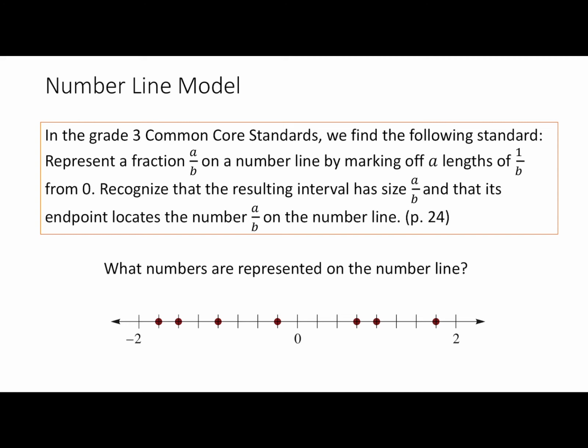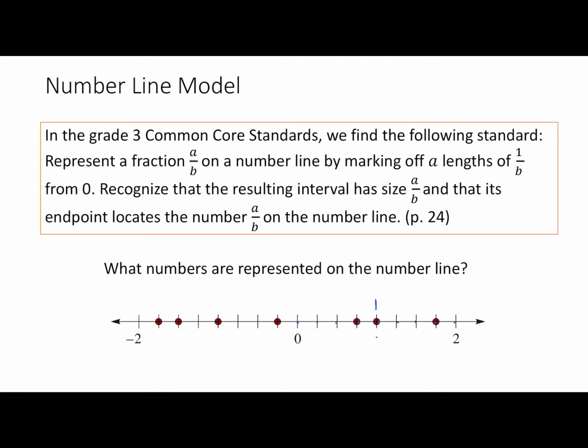All right, so if I start from 0 and count how many steps it takes to get to 2, I've got 1, 2, 3, 4, 5, 6, 7, 8. So it's broken into 8 equal-sized pieces. I know that halfway between 0 and 2 is 1. So that means if I go 4 spaces over, I should be at the number 1 here.